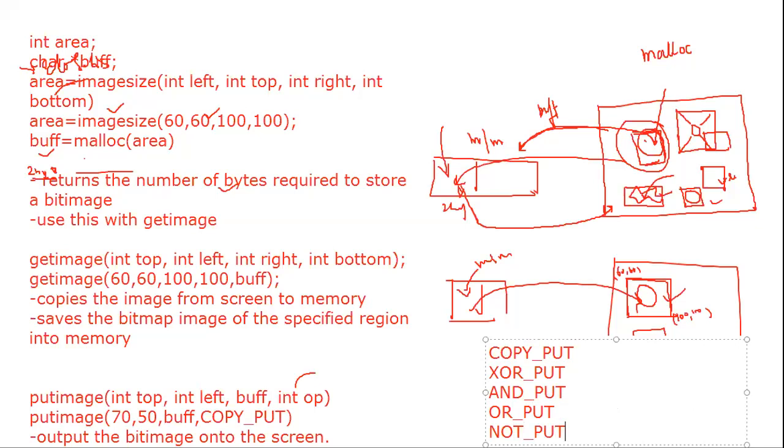So these operations can be performed between the image available in the memory and on the screen. So let me explain this.